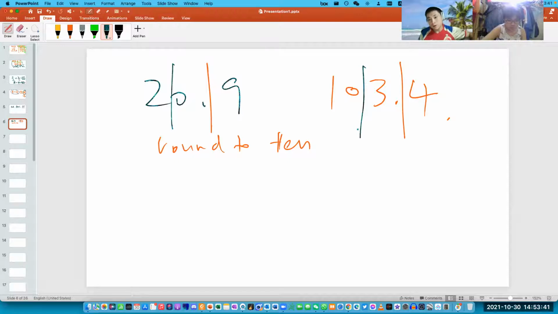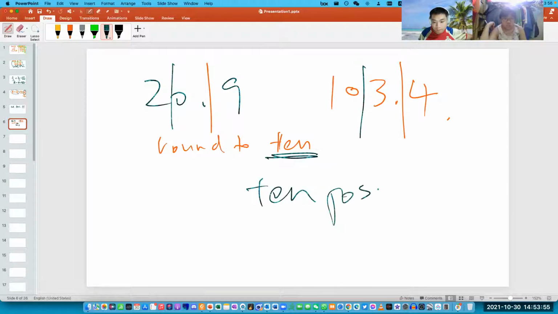The red one or the green one? Round to 10 means where is the 10 position? The green one. Yeah, the green one is correct. That's called the 10 position. So if you put the two lines like the green one, then you will get the correct answer.